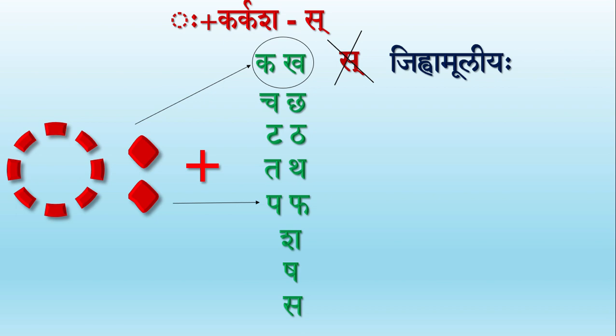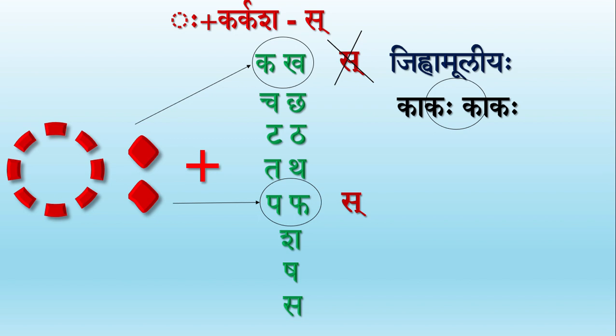When the Visarga is followed by the letter Ka or Kha, it then becomes Jihvamuliyaha. In our example, Kaha plus Kaha becomes Kah Kaha because after Visarga, we have got the letter Ka. Similar is the case with the letters Pa or Pha after a Visarga. Sakaradeshaha doesn't occur.